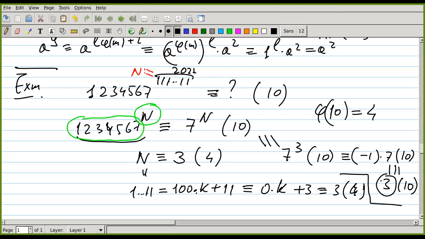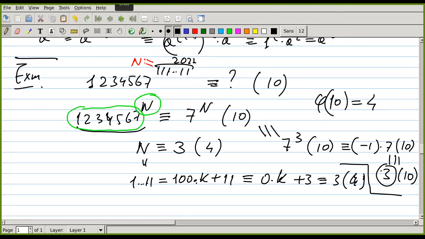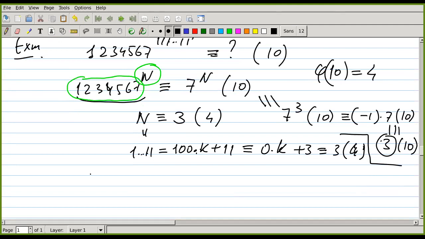Sorry, can I have a question? Can you please explain one more time about n equals 3 mod 4? n is of this form 1, 1, 1, 1. This part is divisible by 100, isn't it?